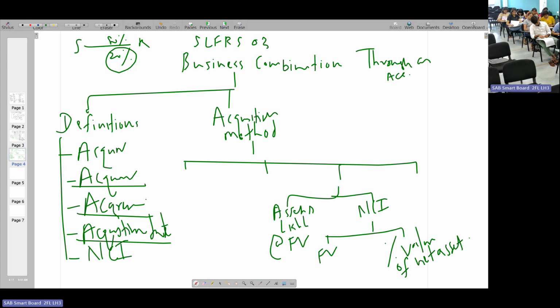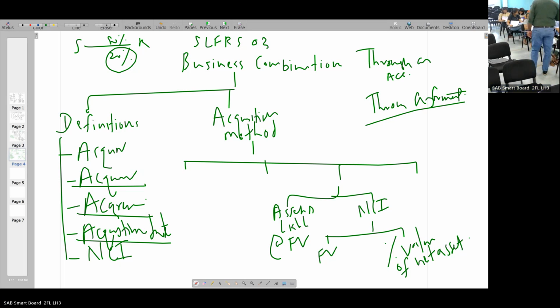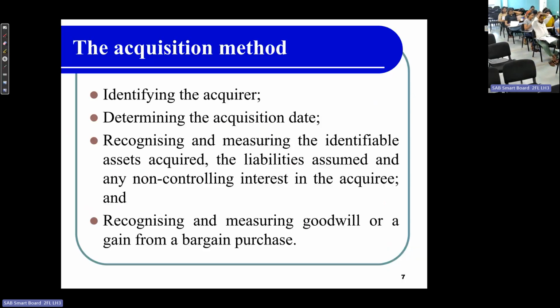Second one, through a format. Through an account, through a format. Right? Okay. Now, that's the theoretical stuff on this particular standard.